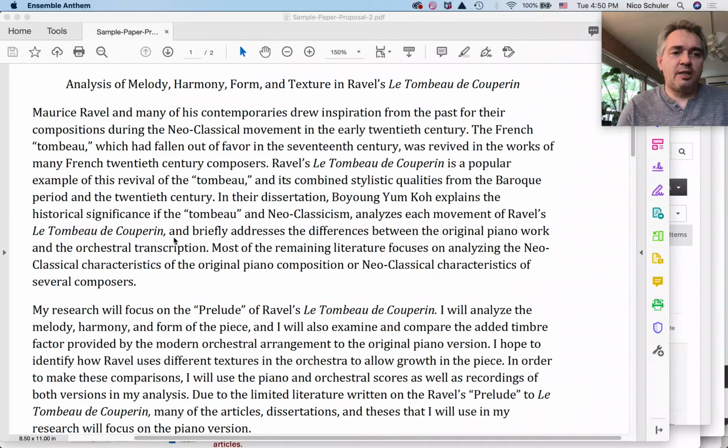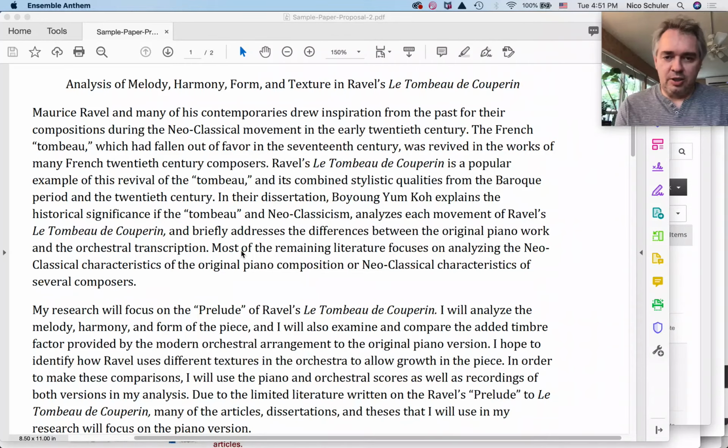So in this case, it says: Maurice Ravel and many of his contemporaries drew inspiration from the past for their compositions during the neoclassical movement in the early 20th century. The French tombeau, which had fallen out of favor in the 17th century, was revived in the works of many French 20th century composers. Ravel's Le Tombeau de Couperin is a popular example of this revival of the tombeau, and its combined stylistic qualities from the Baroque period and the 20th century.